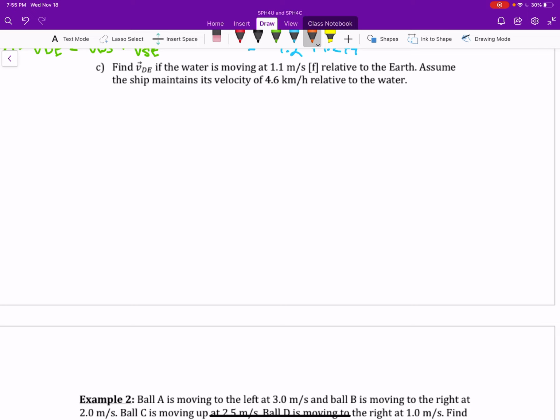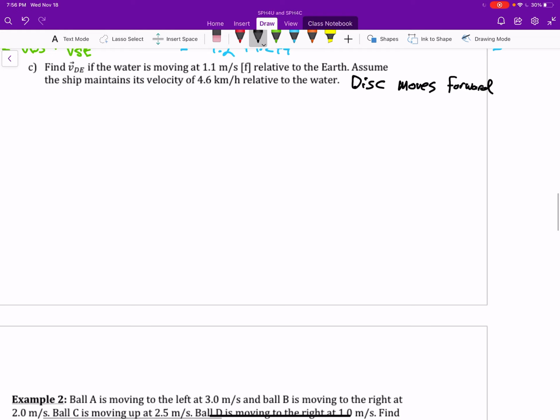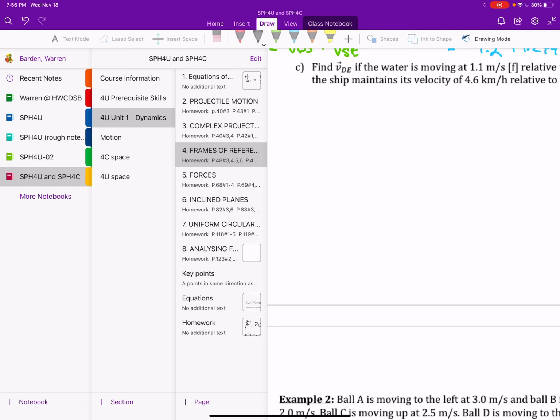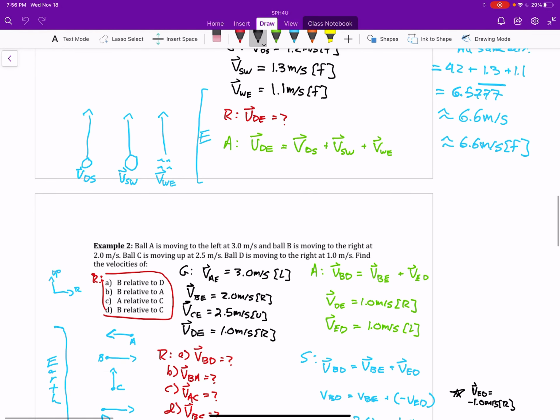And the other thing to mention is that the disk moves forward. Again, we use our answer from part A for the disk moving forward. Let me just check to make sure I did that right. Yeah, perfect.